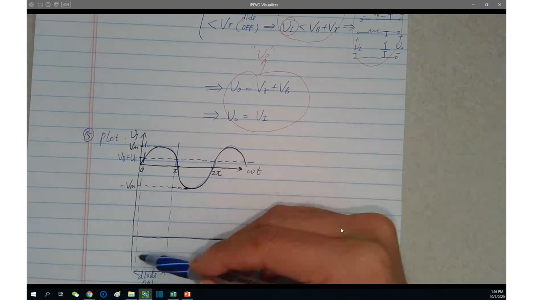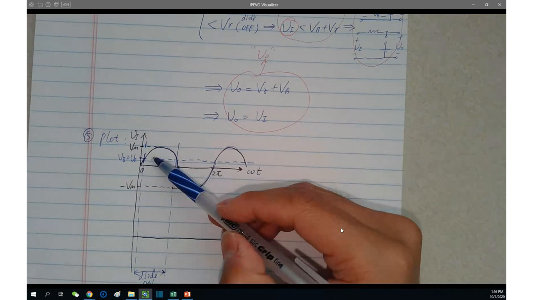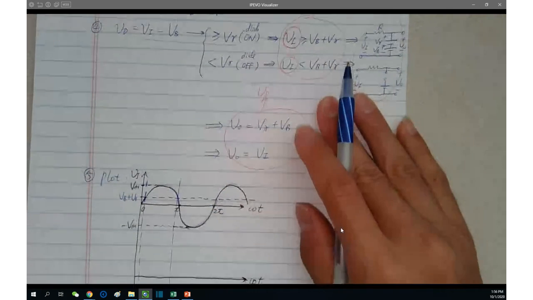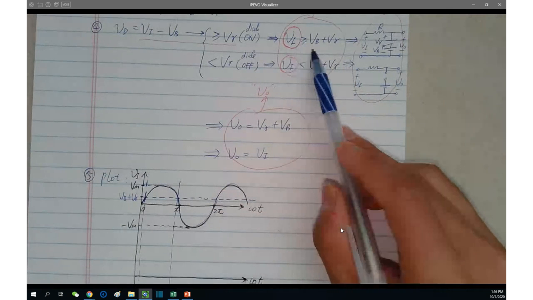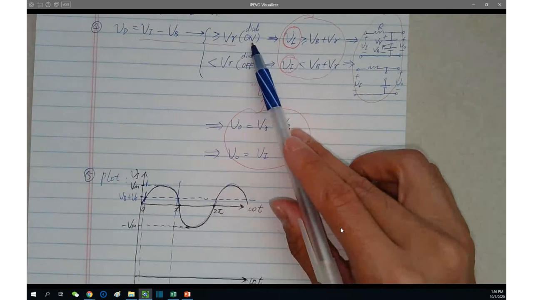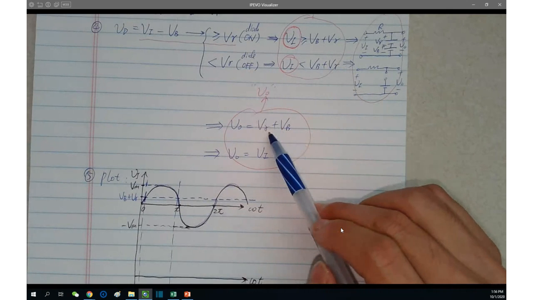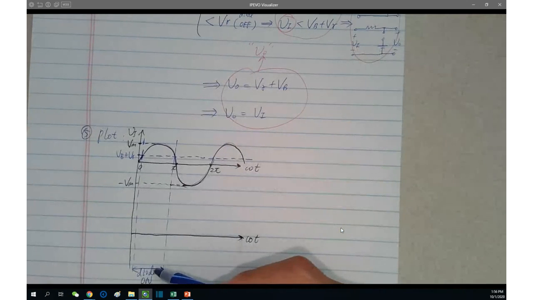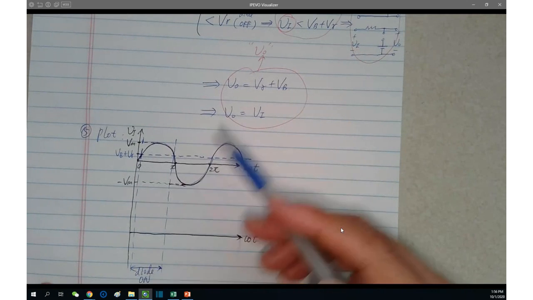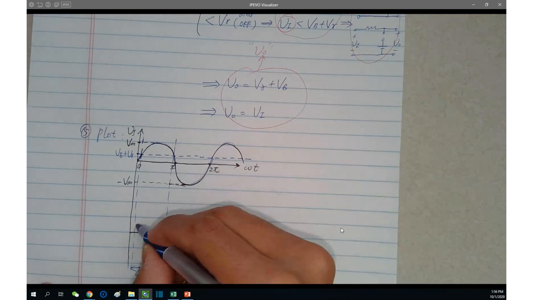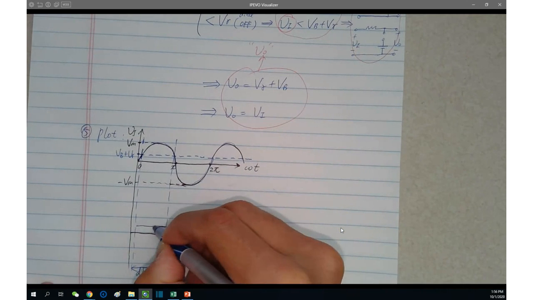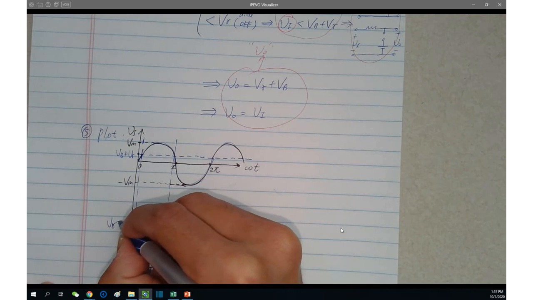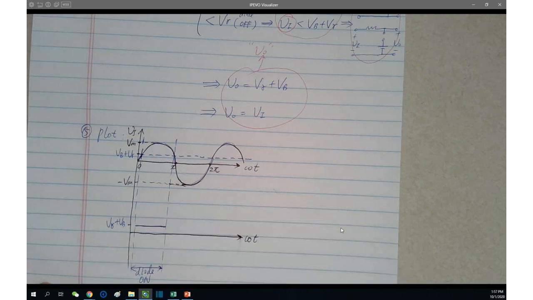Because during this window, VI is beyond VB plus V gamma. When VI is beyond VB plus V gamma, the diode is on. The result is V gamma plus VB. Therefore, during this range, how to plot V naught? V gamma plus VB. We just mentioned it's just this value. What can we do?